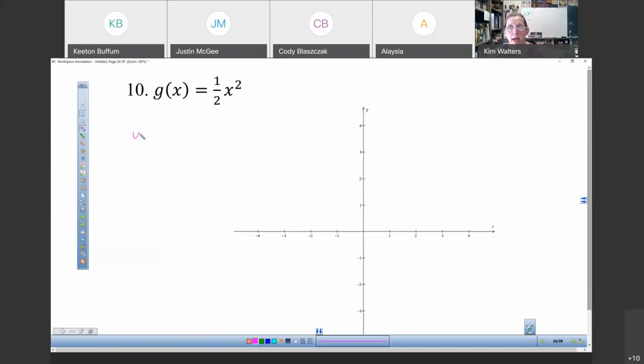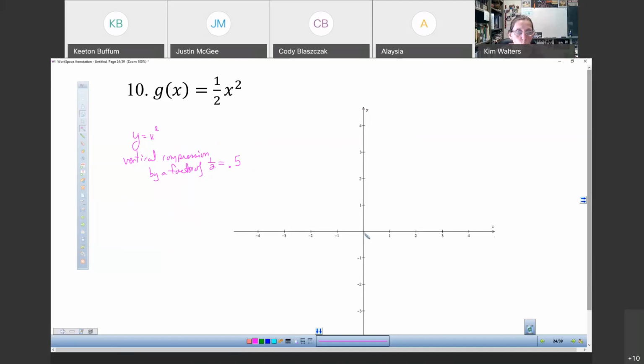X squared is my basic function. So I'm going to take x squared. This is going to be a vertical compression, so it's going to look wider. It's a vertical compression by a factor of 1/2. Now, 1/2 is the same thing as 0.5. So if it's on that sliding scale, then you can slide it over to 0.5.